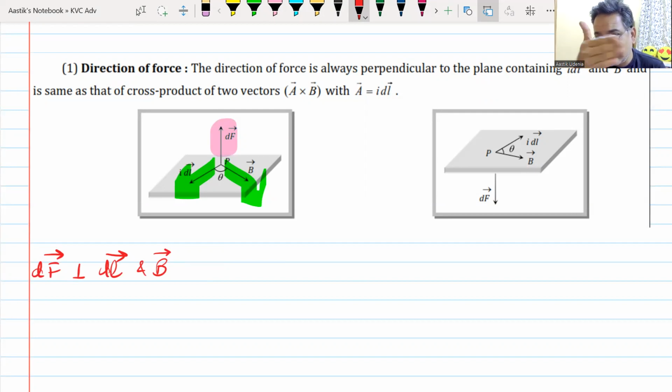Your palm will go in the direction of magnetic field, and the direction in which your fingers curl will give you the direction of force. Current, field, force. I, B, F.